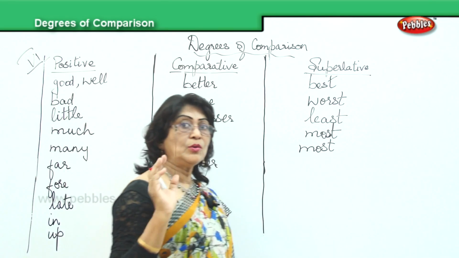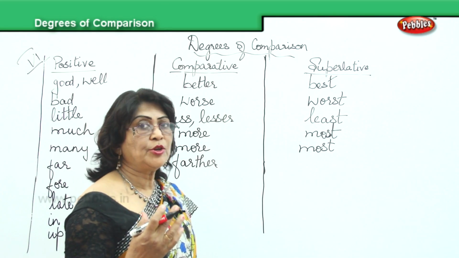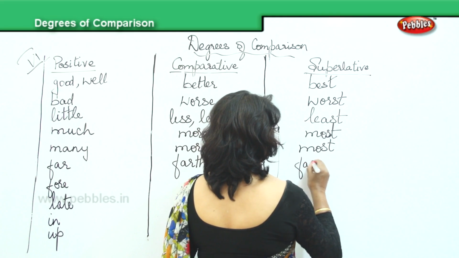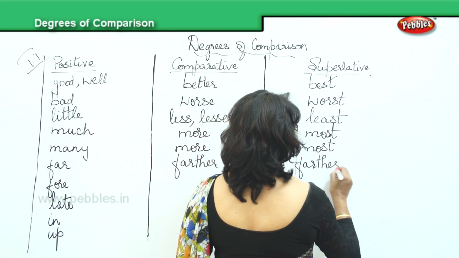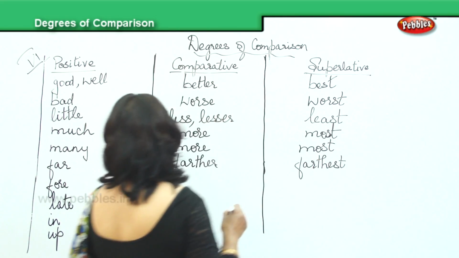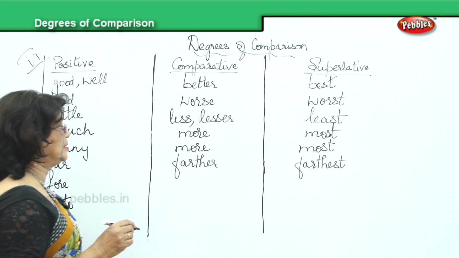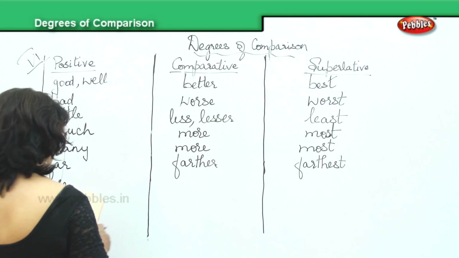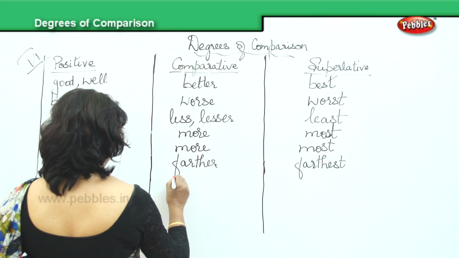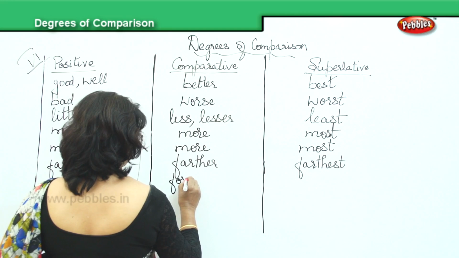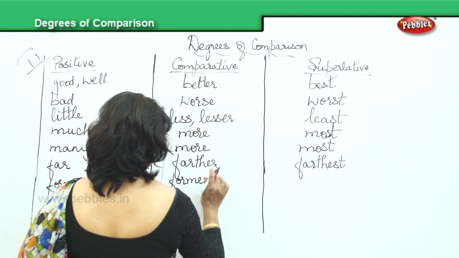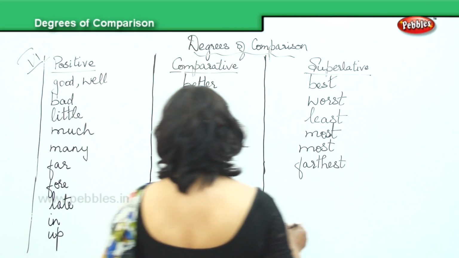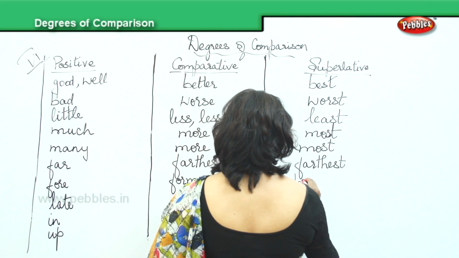Mostly in those days, in poems and all poetic language, they use farther, farthest. Far, farther, farthest. Next one, for. For, former, and foremost.